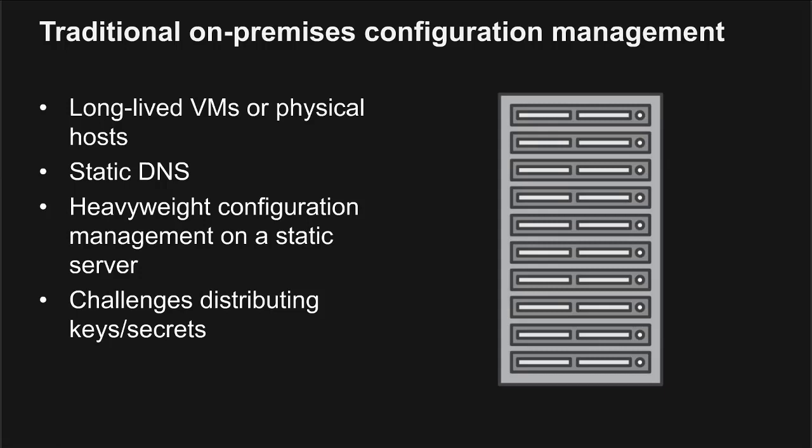You typically have static DNS that points to each VM or physical server. And you have some kind of heavyweight configuration management system that's running on a static server. So now you have to make sure that your static server running your configuration management system is highly available and up and running all the time.